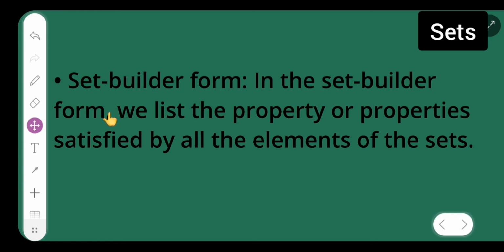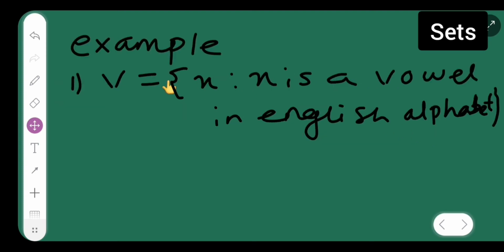In this set builder form, we list a property or properties satisfied by all the elements of the set. Okay, so I have taken one example that V is equal to the set of x, where x is a vowel in the English alphabet. I have taken that roster form, that V is equal to a particular set, and I have written it into set builder form.